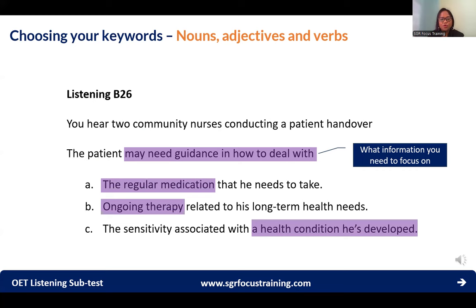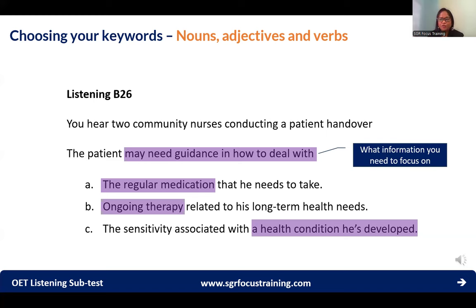And then we've got on B, ongoing therapy. And then on C, we're going to talk about a health condition that he's developed. When you say something that he's developed, it means he didn't have it before. This is a new medical problem or a new medical condition.